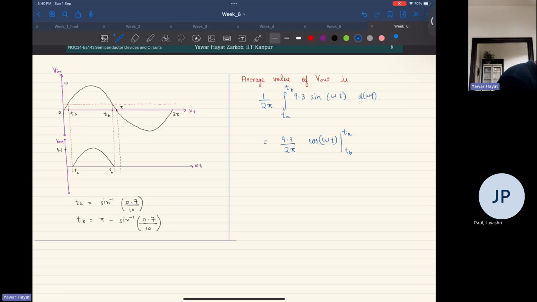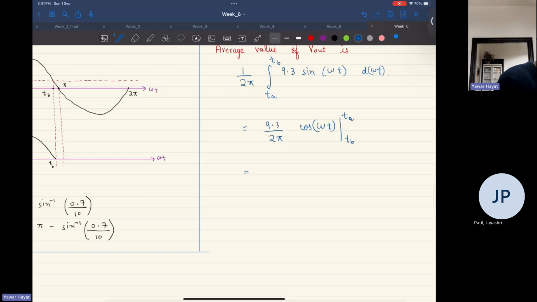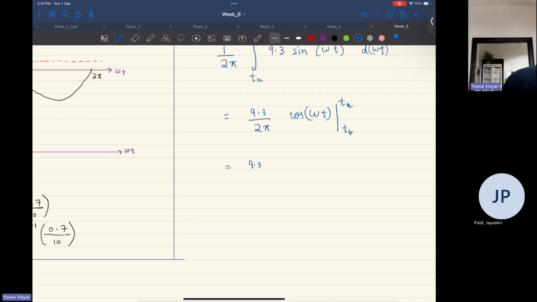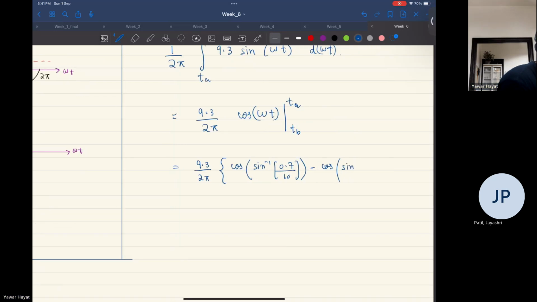And this would be equal to 9.3 whole divided by 2 pi, times cos of sine inverse 0.7 by 10 minus cos of sine inverse 0.7 by 10.